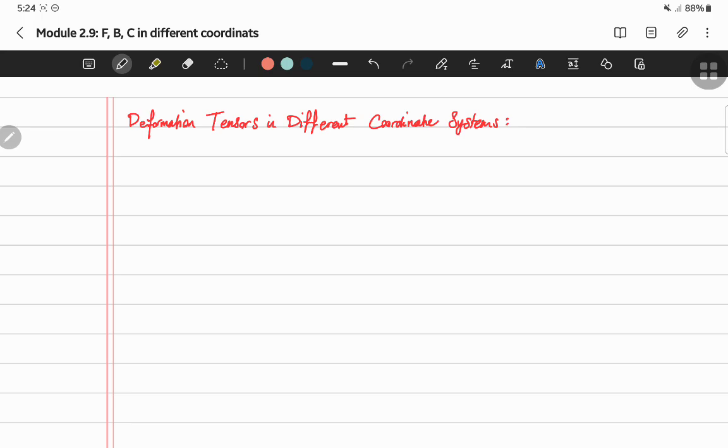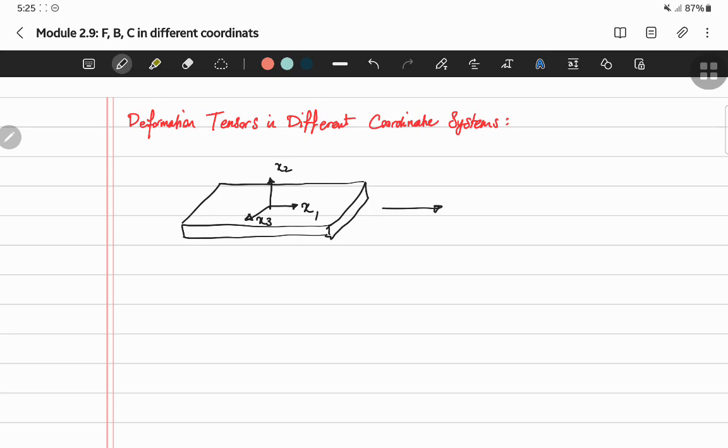So, for example, you might have a plate like this. It's better to use the Cartesian coordinate system here. This is your initial coordinate system, so you have, let's say, x1, x2, and x3. And this is your reference configuration.